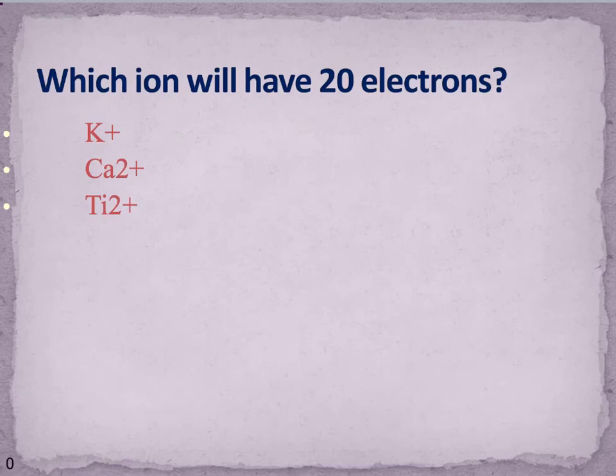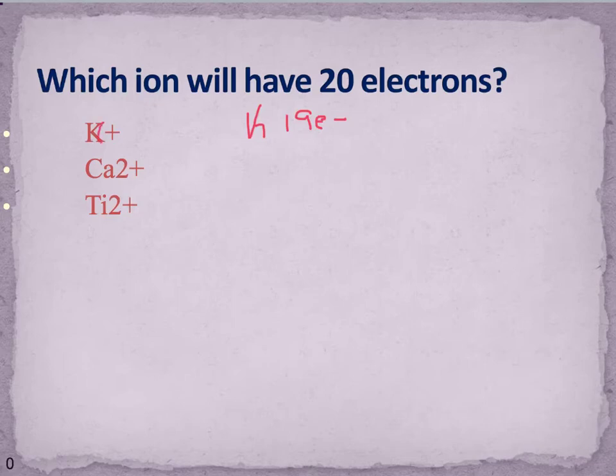Now let's look at some examples here. We lost a little bit of formatting when I converted over to the iPad, but which ion will have 20 electrons? What I can look at is, if I have potassium, for example, I can look at the periodic table and I see that potassium has 19 protons, and neutral potassium will have 19 electrons.